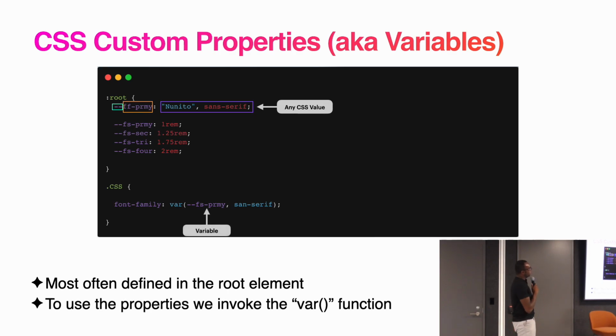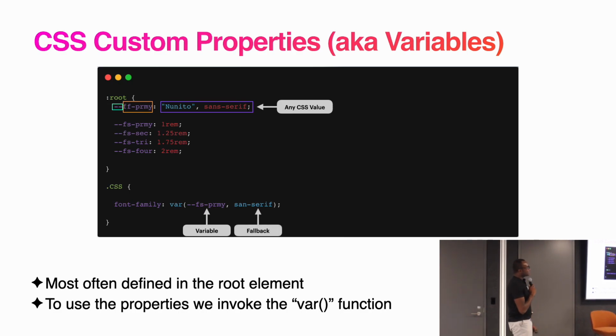So in order to actually use our custom property that we've defined, we can see here that within a CSS selector, we're saying that the font family is going to be equal to this var function. This var function actually takes in two arguments. The first one is the variable of the custom property that we've defined.